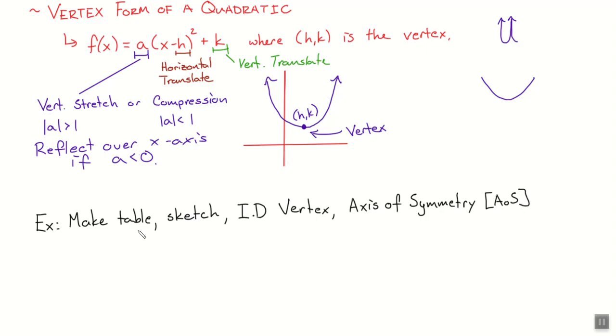So we're going to make a table, sketch it, and find the vertex, the axis of symmetry, the extrema, the domain and the range. Lots of questions, but it all realistically just boils down to if we can make the table, the rest of it's super duper easy. Thank you for asking, y'all.